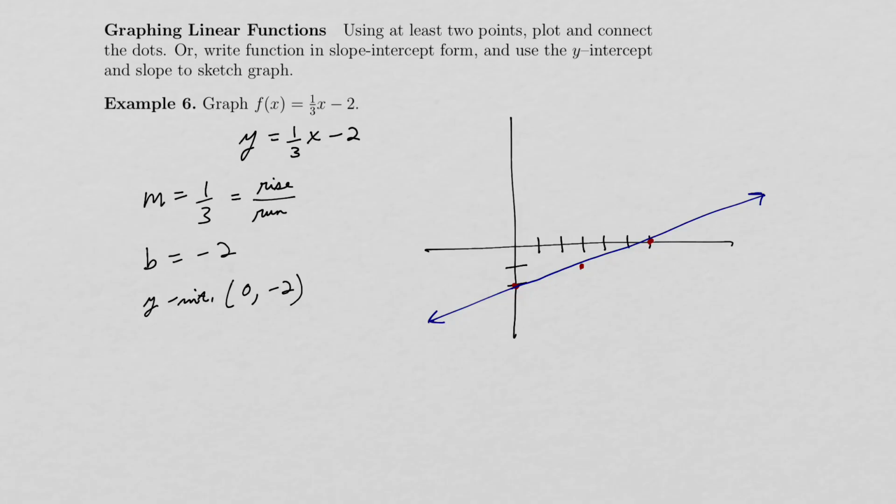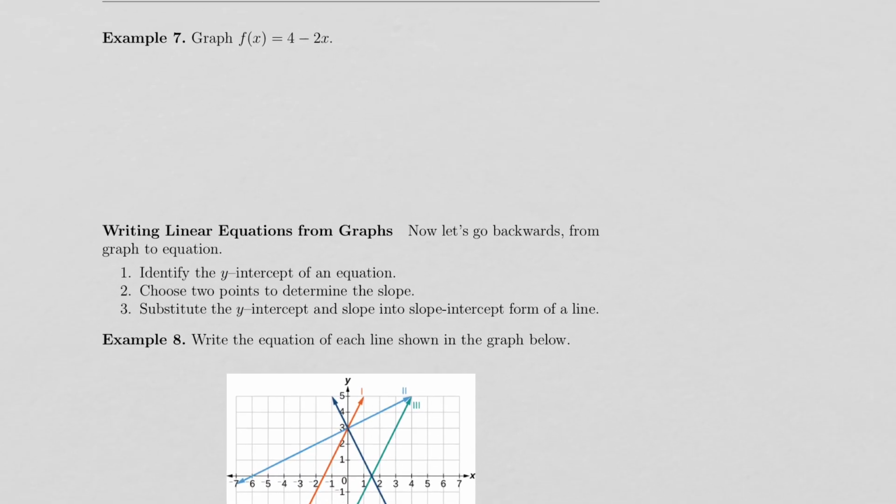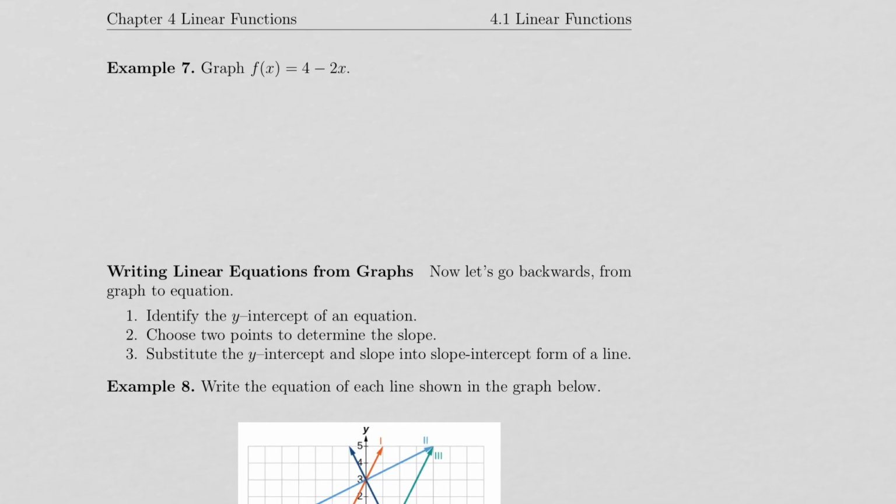Another example with this. This is very similar. So this is also in the slope-intercept form, right? You just have to rearrange the values here. I want the mx first, so I want to write the negative 2x first, and then the constant plus 4.